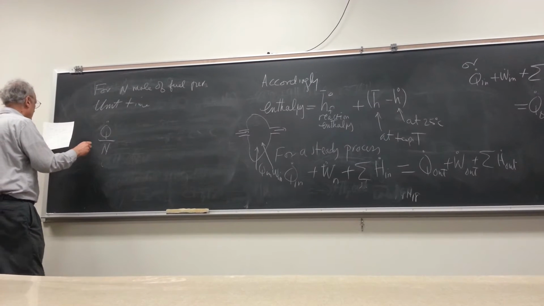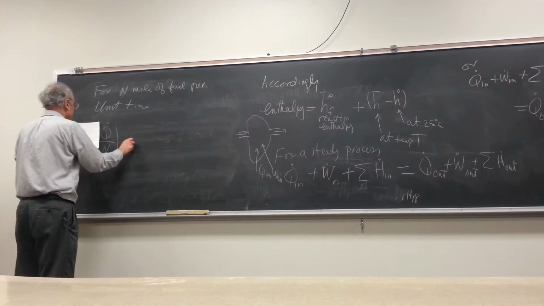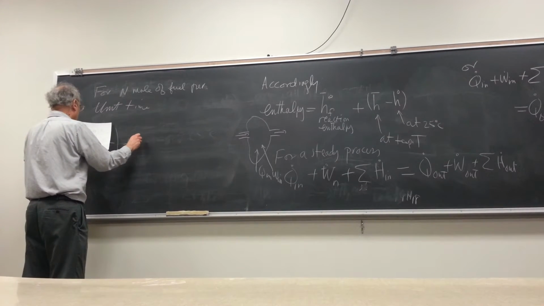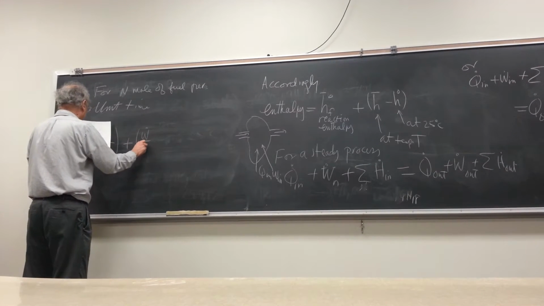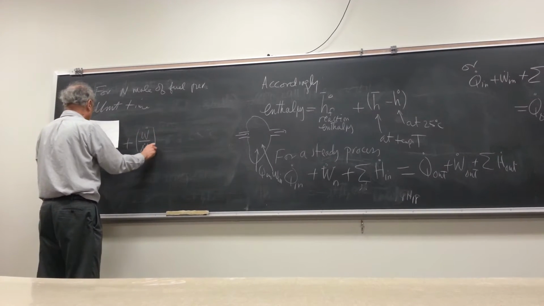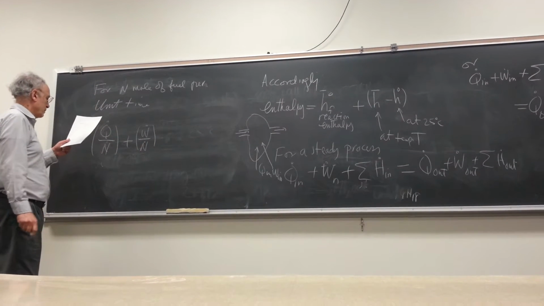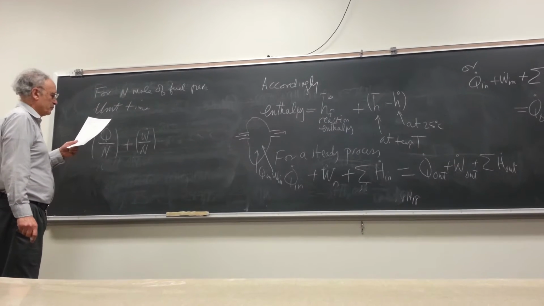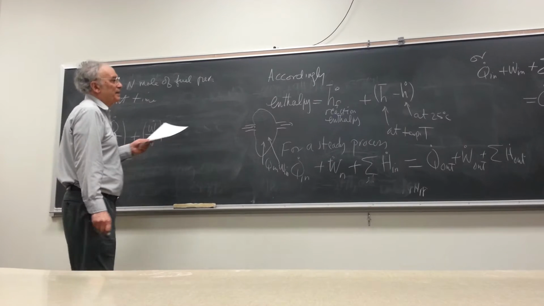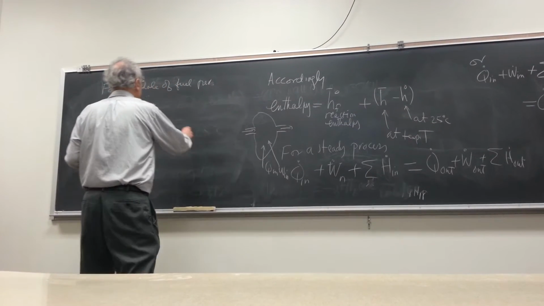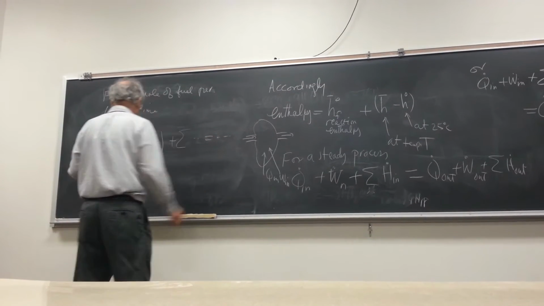So we divide it by the number of moles of fuel coming through, plus W dot over N, equal to plus what? The rest of it was summation. You can write it like that.